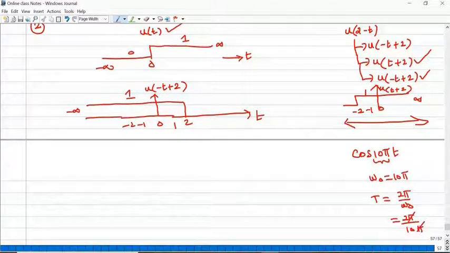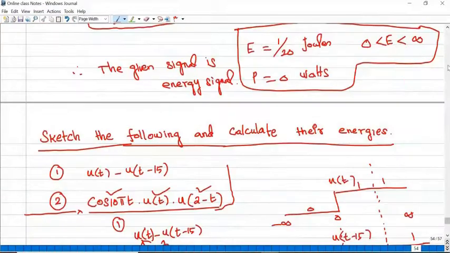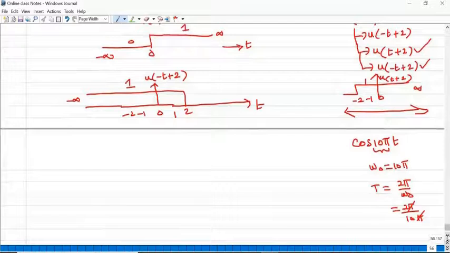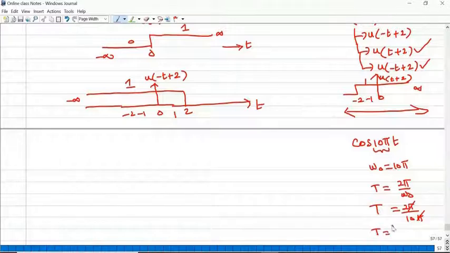So pi will be cancelled, and the t value is 1 by 5 seconds.